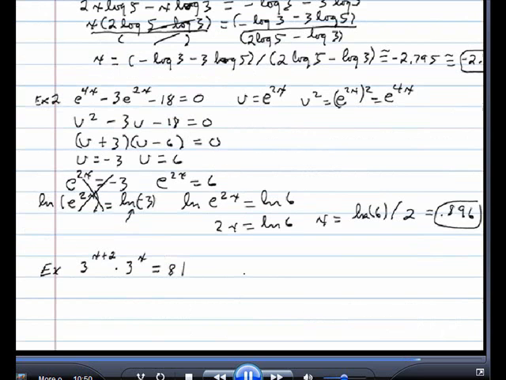You have a rule for exponentials that says if you multiply x to the a by x to the b, you get x to the a plus b. So here I've got 3 to the x plus 2 times 3 to the x, so that should give me 3 to the x plus 2 plus x. Now I have just one exponential on the one side, and that is 3 to the 2x plus 2.